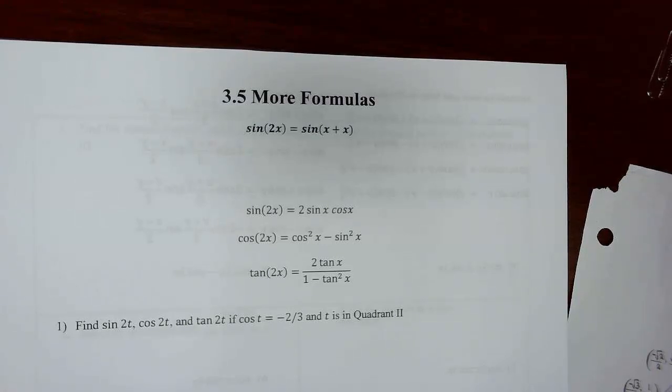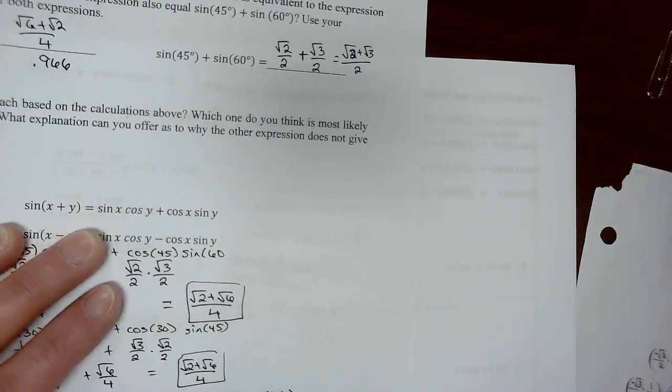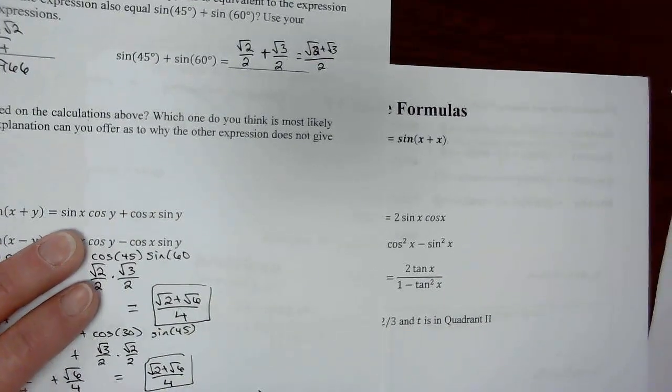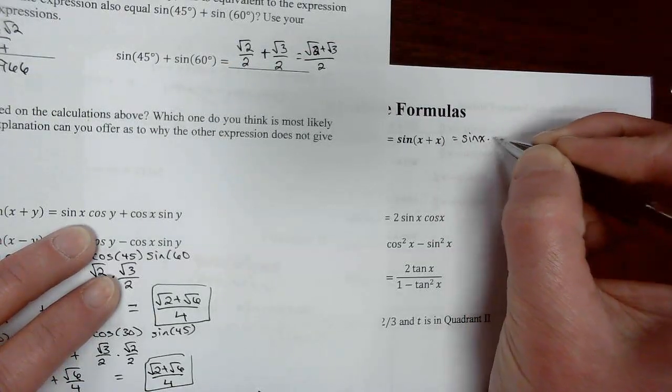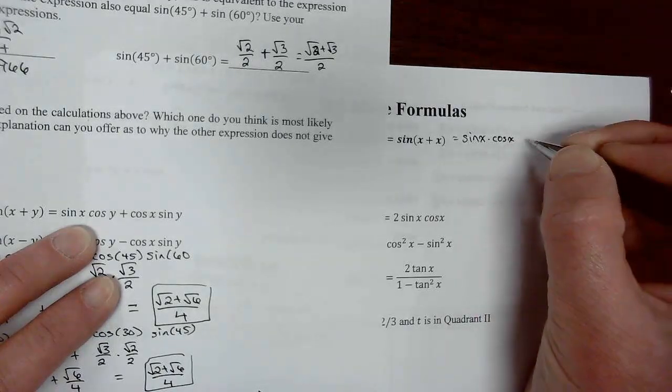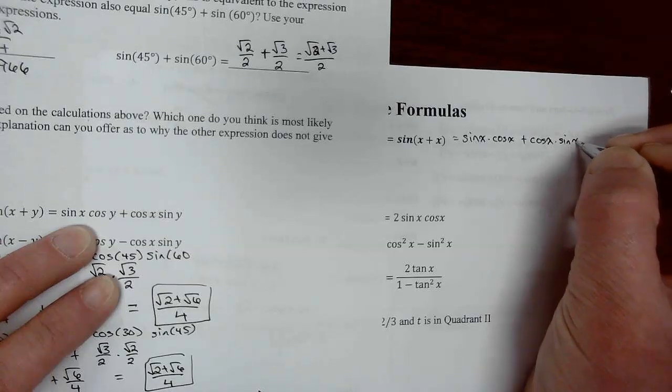Okay, let's add some more formulas in here, and I just kind of want to prove one of them at least. So sine of 2x, well, that's the same as sine of x plus x. Let's remember we had that formula with the addition: sine of one angle plus another gives me the sine of the first times the cosine of the second plus cosine of the first times sine of the second.